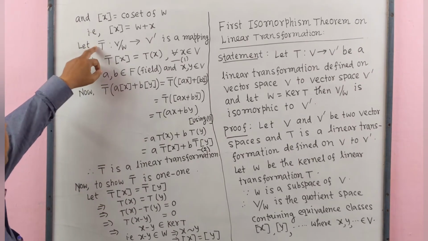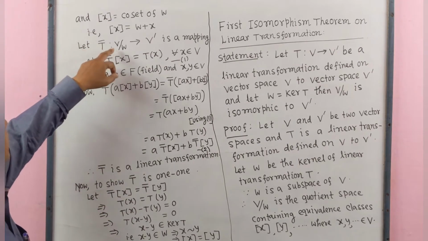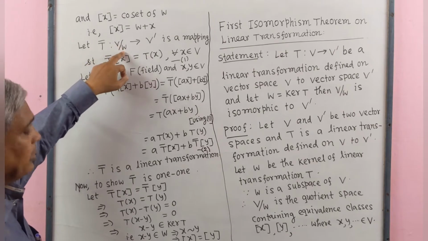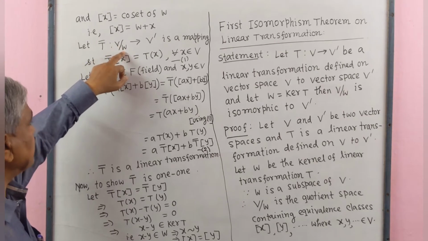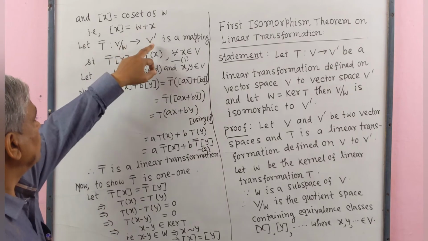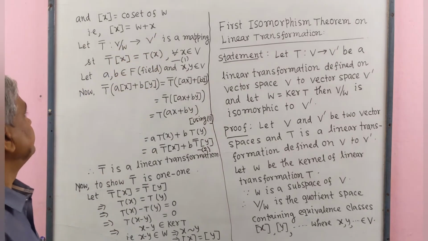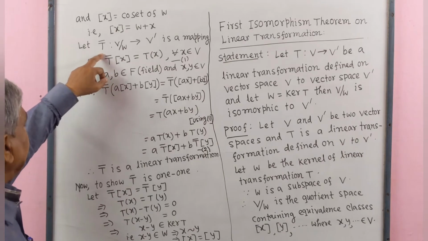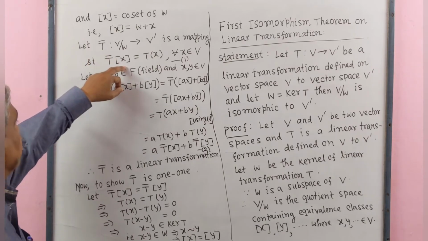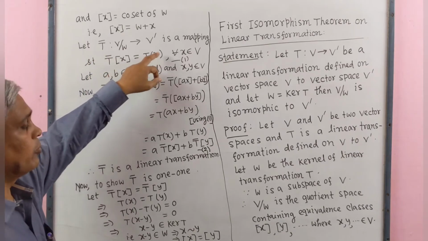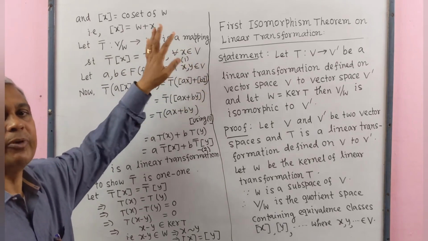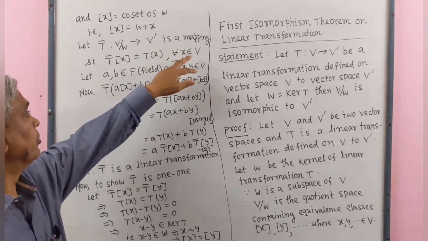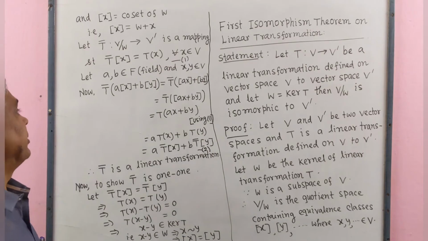Let T bar be a mapping defined on the quotient space V by W into V prime, such that T bar of class X equal to Tx for all X belonging to vector space V. This is number one.